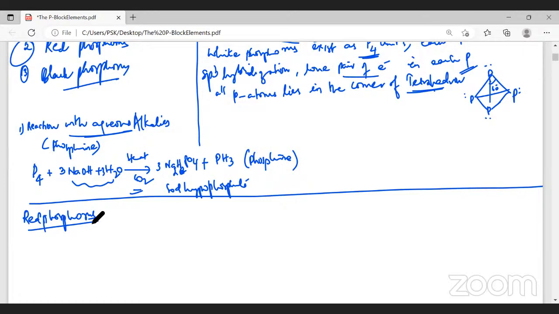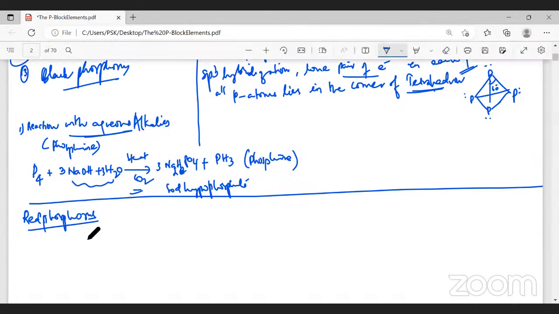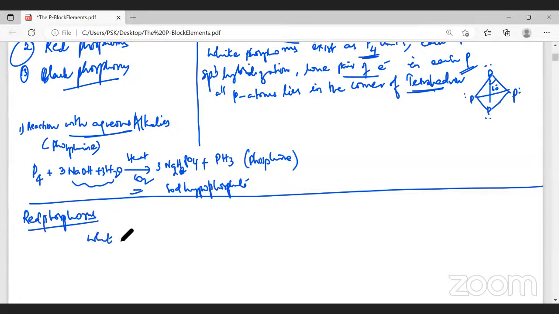Now, the next topic is red phosphorus. Red phosphorus is obtained by heating white phosphorus at 573 Kelvin for several days.